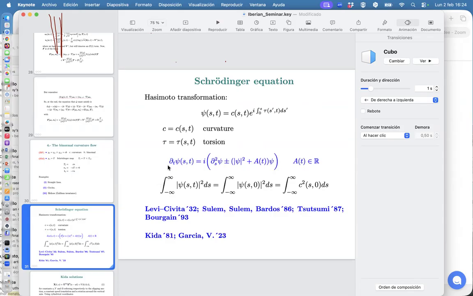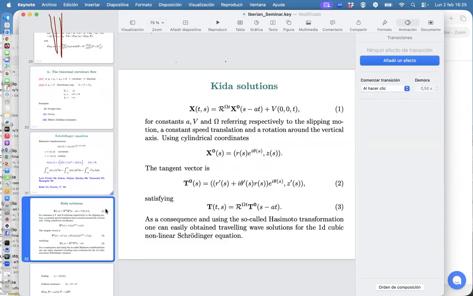But if you know the curvature and the torsion of your curve, then you know the curve, right? But this is not enough, because I have to be able to construct the tubular neighborhood. And it is here where particular solutions are useful. In fact, these solutions were obtained a long time ago by Kida in '84 or '85, and they are nothing but rigid motions.